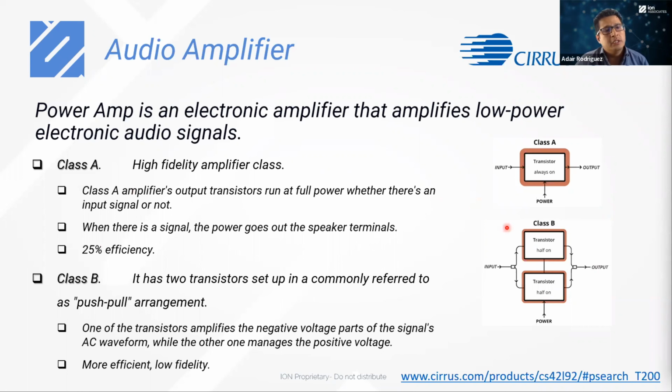Then we have the Class B amplifiers, which include two transistors: one for the positive signal, and a second transistor to amplify the negative signal. We are getting more efficient, but the fidelity is not the best.